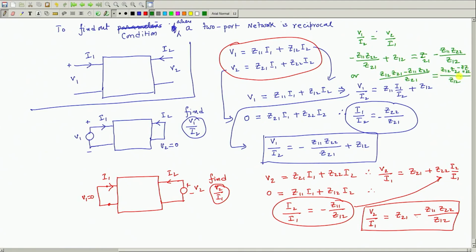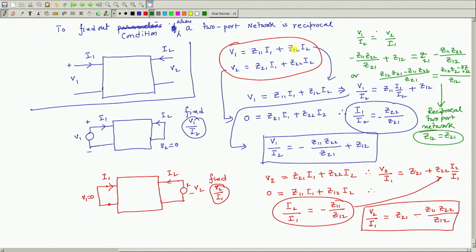These two numerators are the same, so this is true. So, for a reciprocal two port network, Z 1 2 must be equal to Z 2 1.